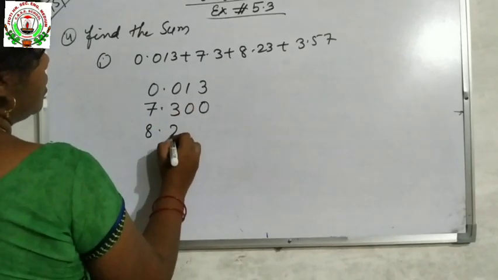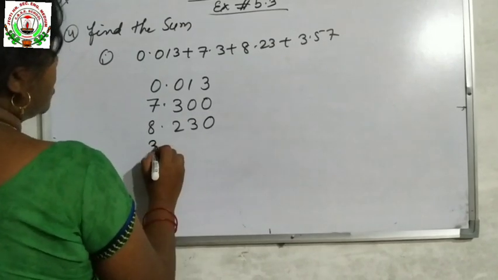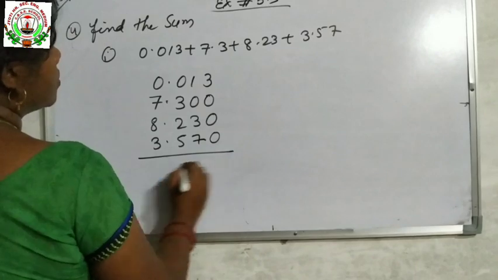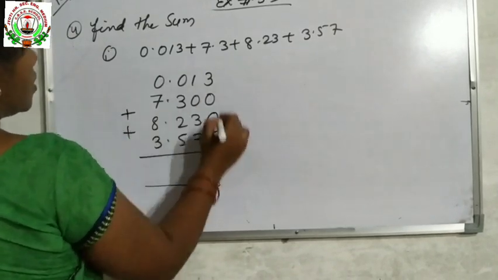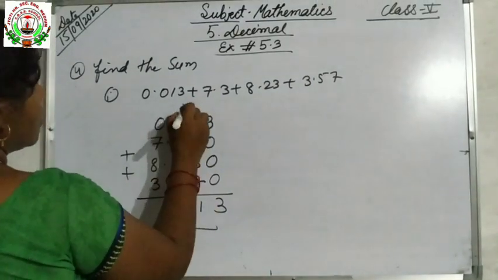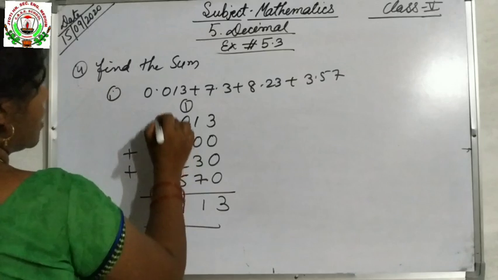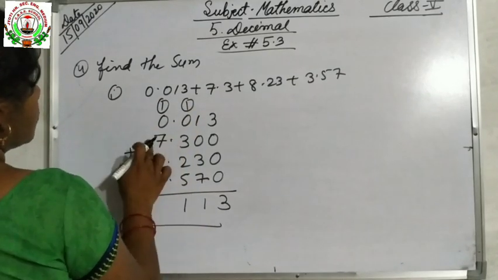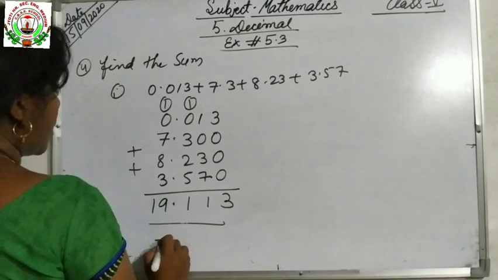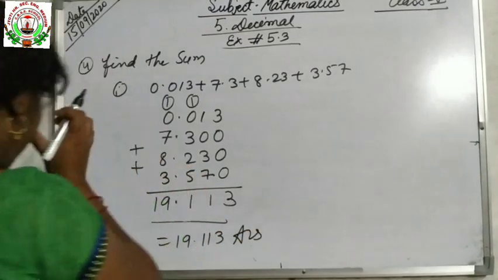Next is 8.23, here a vacant place, so we will put 0. Here 3.57, here a vacant place, so you will put 0. Now add it. 3 plus 0 is 3. 1 plus 3 is 4, 4 plus 7 is 11, 1 carry, 1 plus 3 is 4, 4 plus 2 is 6, 6 plus 5 is 11, 1 carry, 1 plus 7 is 8, 8 plus 8 is 16, 16 plus 3 is 19. So our answer is 19.113. Like this you will add.